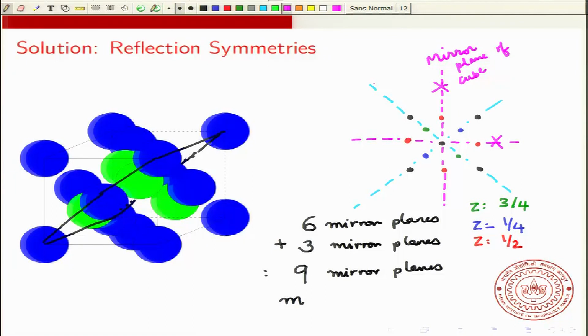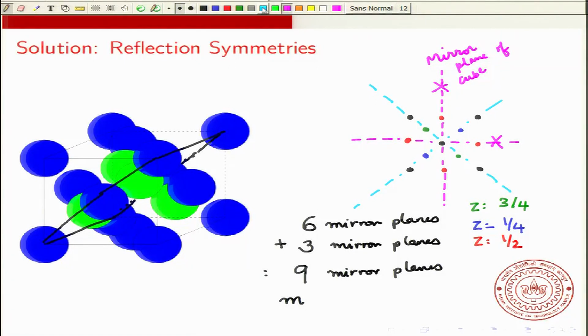Now this planar representation is in the xy plane, and so you will have similar representations in the xz and yz planes.